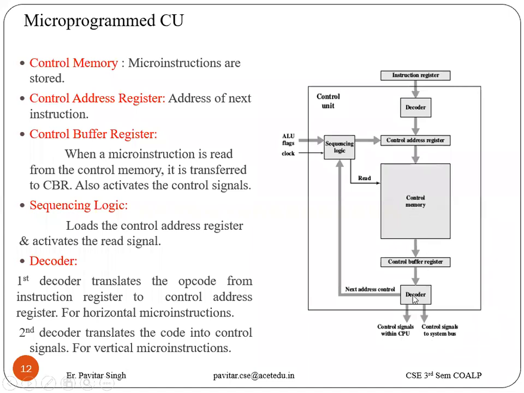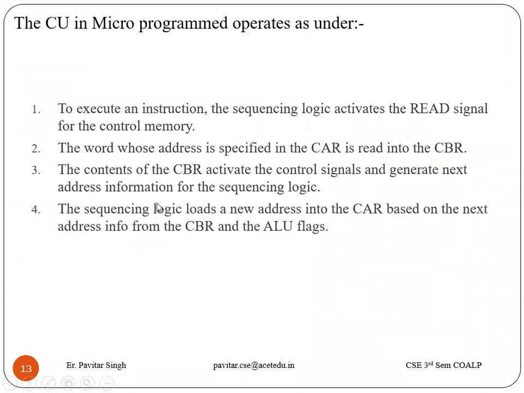After this, the next word will be fetched, and for the next word you will need the next address. So the sequencing logic loads a new address into the CAR based on the next address information from the CBR and the ALU flags, right?